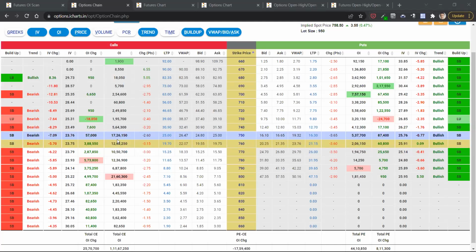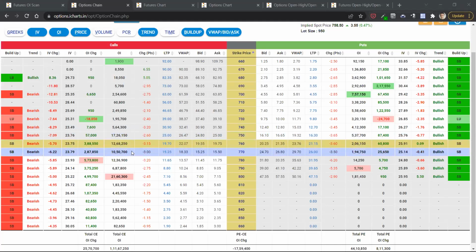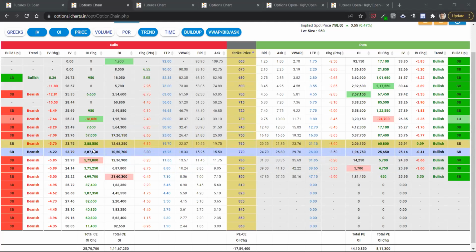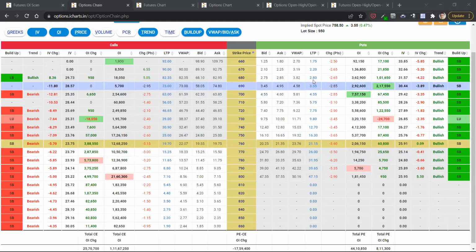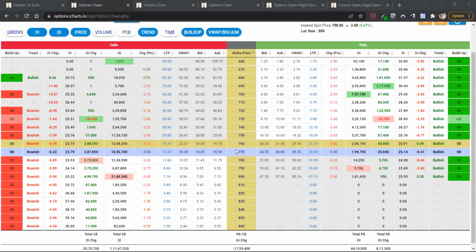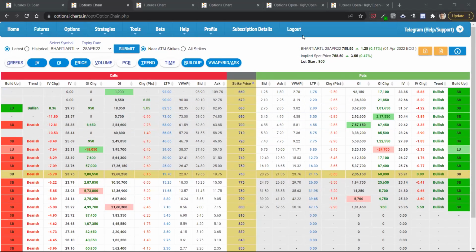But for sellers, it is going to be a big problem. So sellers have to unwind, and that is why this is analyzed from the seller's point of view, because that is where the main pressure is. Generally, you should trade like a seller, or at least analyze from this point of view. You should know the position of sellers. So even for buyers, it is important to analyze that way.